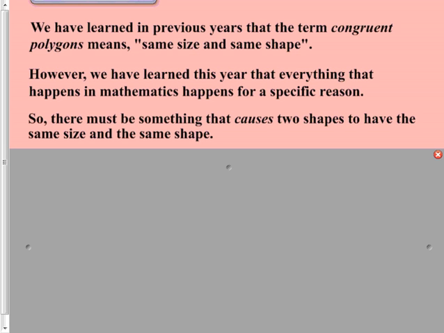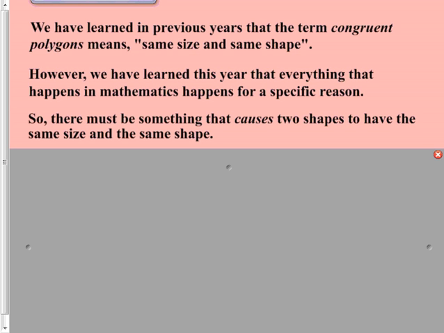As we have learned in previous years, the term congruent polygons means same size, same shape. However, just like everything else that we've seen in geometry this year, there must be something that causes that to happen.